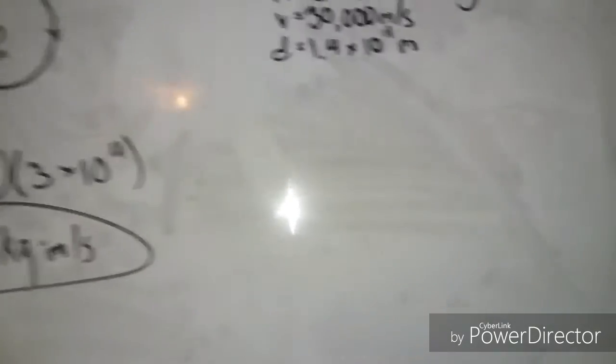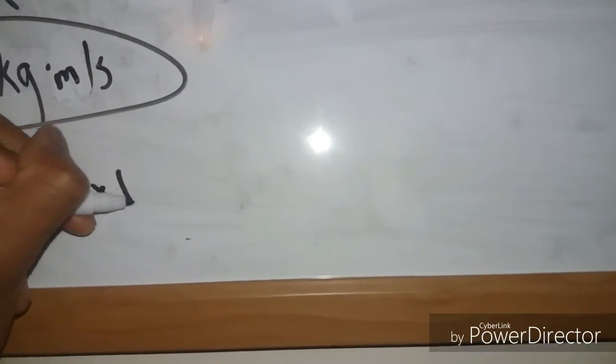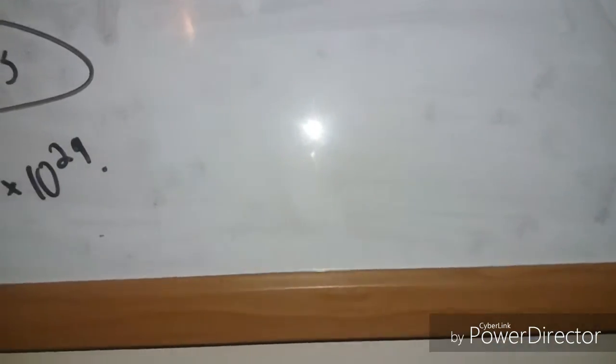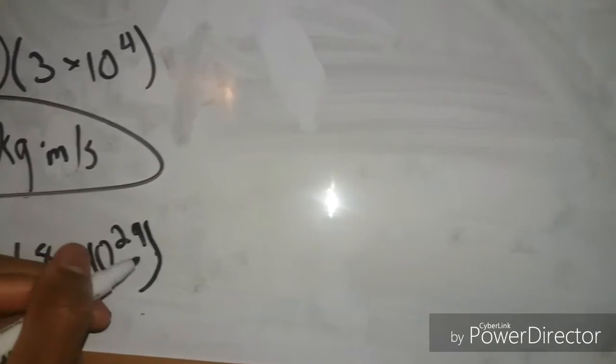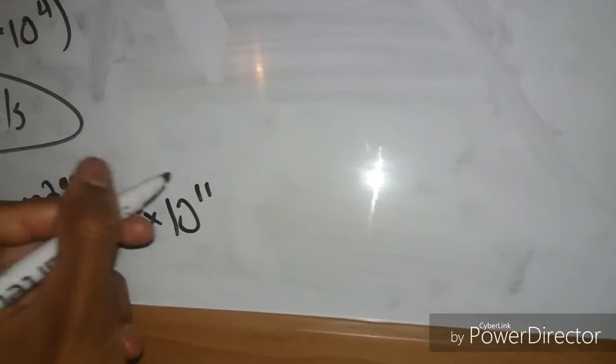That's its linear momentum. So, to find angular momentum, we're going to take the linear momentum, 1.8 times 10 to the 29th, multiply it by, put parentheses, 1.4 times 10 to the 11th.